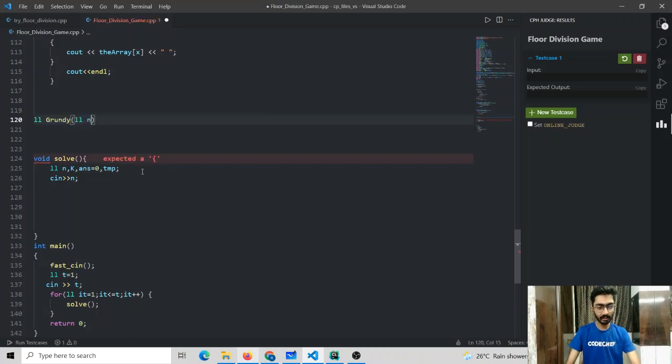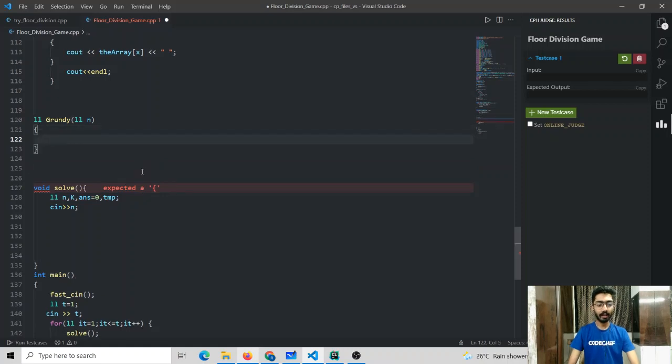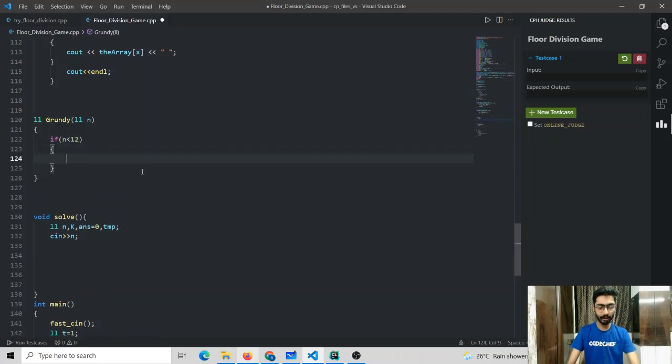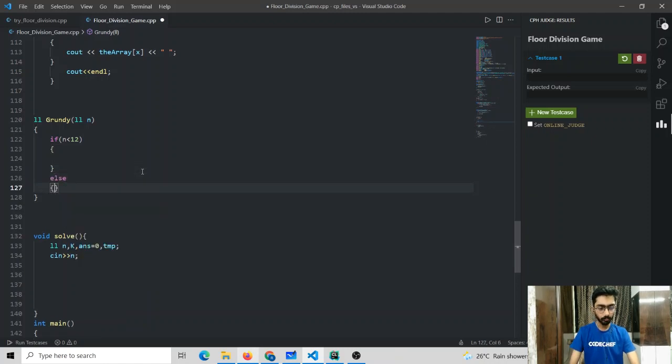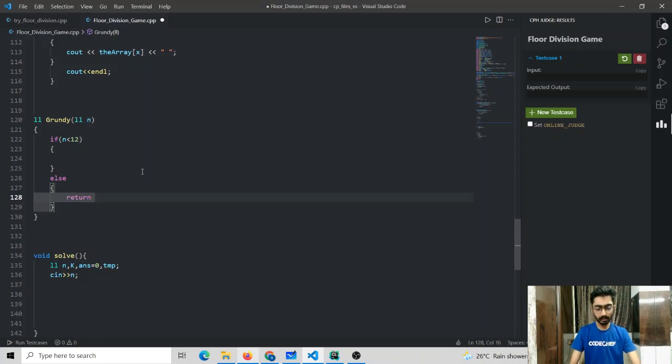If this state number is less than 12, then we give the value based on our array. But in the other case, our value is going to be the same as the Grundy value of n by 12.